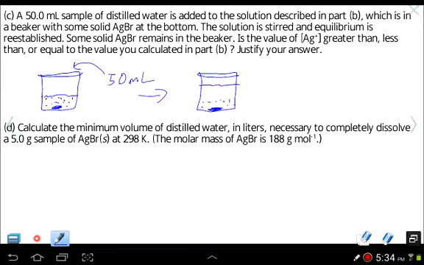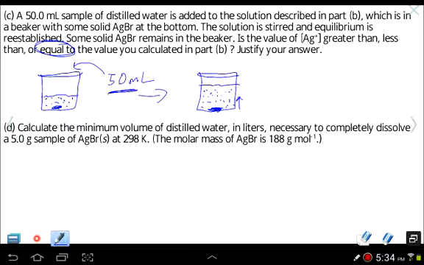Well, it turns out more of the AgBr can now dissolve. So a little bit of the solid disappears and it essentially goes into solution. However, the molarity will actually be the same. It'll be equal because we added more water, but now more AgBr dissolved.